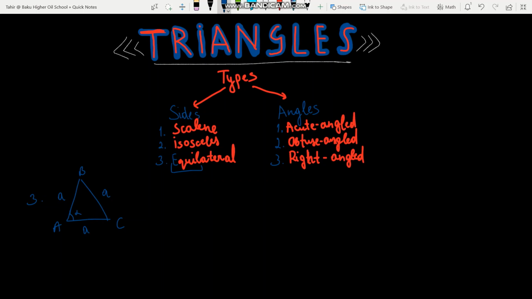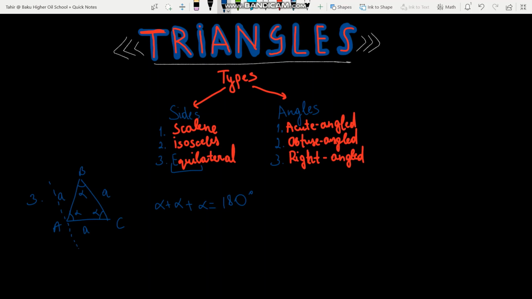There are certain parameters of this type of triangle. For example, all the angles of this triangle are equal, and we can denote them with alpha. Alpha plus alpha plus alpha is equal to 180 degrees, and this can be proved easily with the help of parallel lines. We can draw a parallel line here.